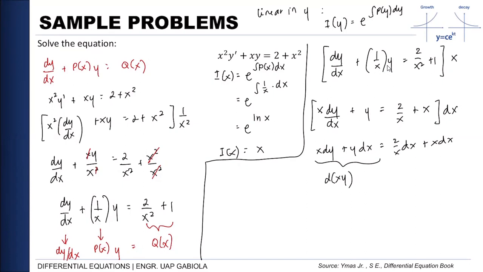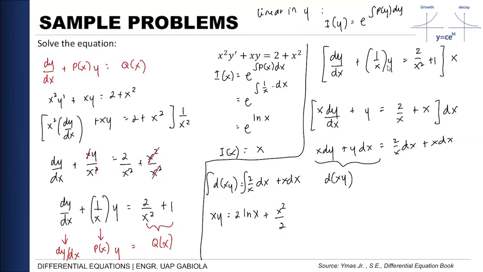Okay? So, using that, d of xy is equals to 2 over x dx plus x dx. Integrate natin both sides. Pag in-integrate natin ng isang differential, lalabas lang siya, magka-cancel out lang siya. So, xy is equals to 2 dx over x is 2 ln x plus integration of x dx is x squared over 2.